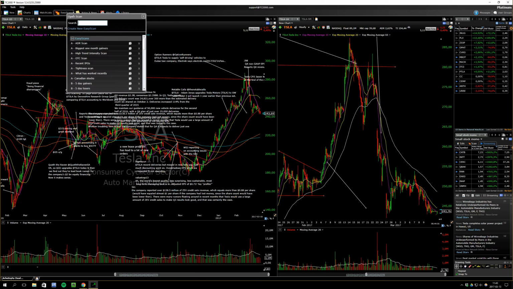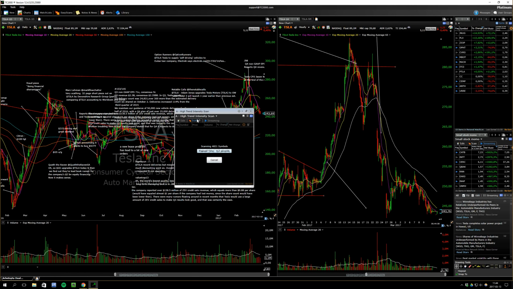So I like to scan for momentum. This is a pure high trend intensity scan: all the stocks where the trend intensity is over 108, and then my liquidity criteria and ADR criteria.